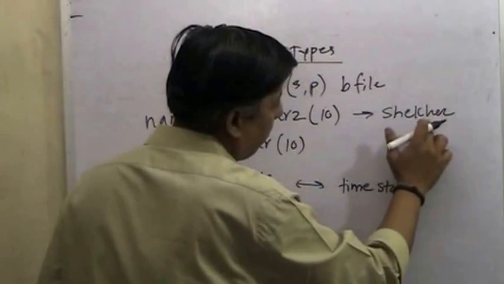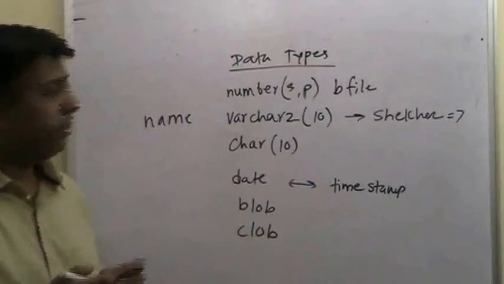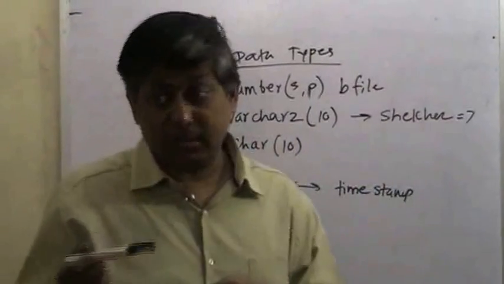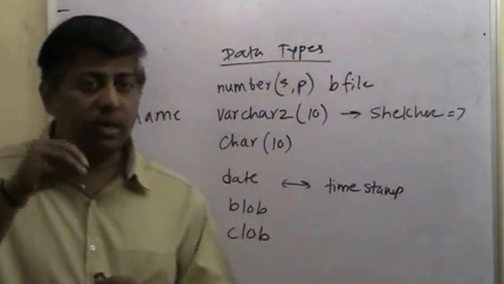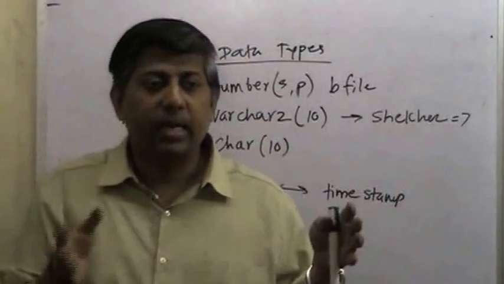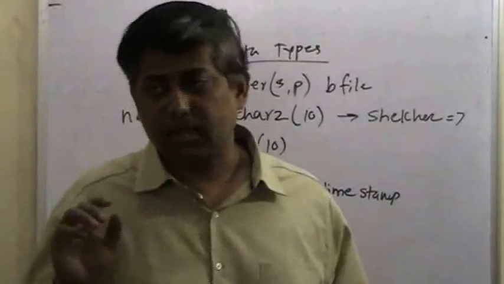1, 2, 3, 4, 5, 6, 7. So 7 characters are there. How much of space will be taken out of that 10? 7, plus there is some overhead. It's not exactly 7. That overhead tells you how much of that 10 actually contains data.